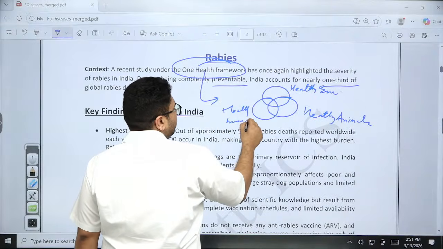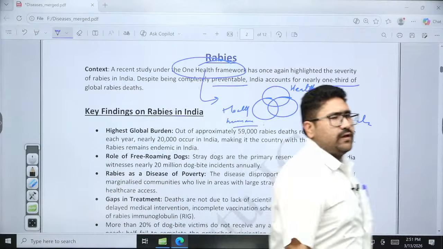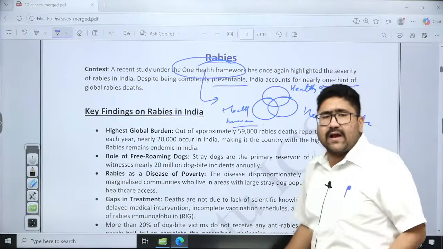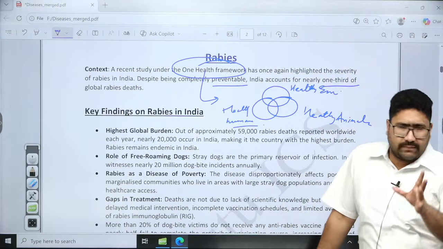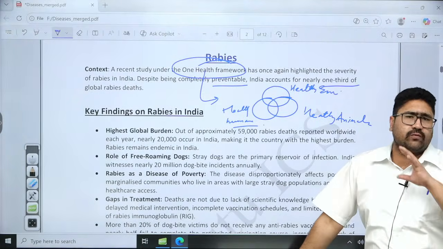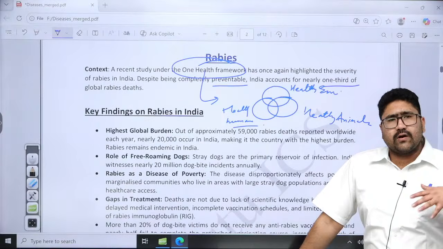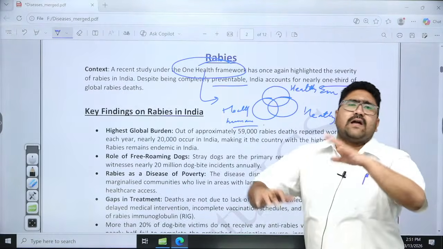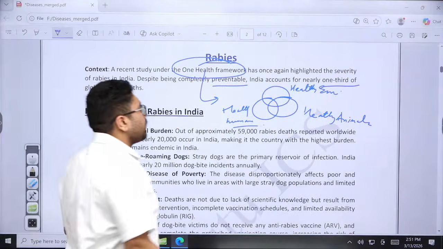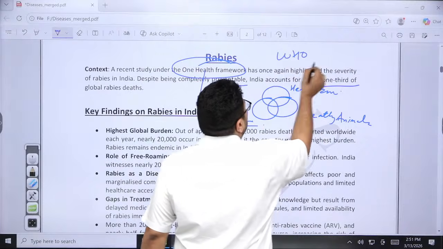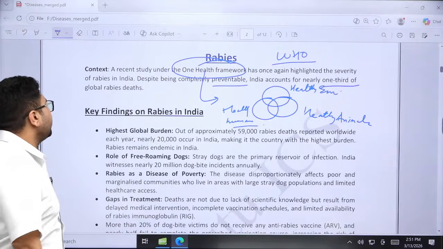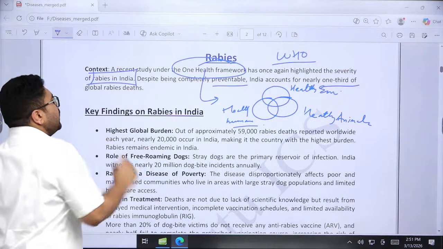All three components, that is the environment, basically the plant part, the animals and humans, should be taken together in order to keep them healthy, so that the entire nation will remain healthy. This One Health approach was given by WHO. Under it, the study says there is a severe increase in rabies in India.